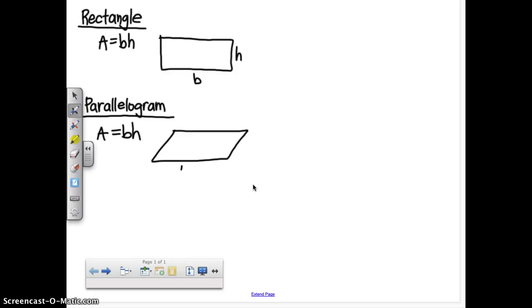The base is still the bottom part. Be careful though, because the height has to be perpendicular to the base. Write that down. The number that we use for height must be perpendicular to the base.